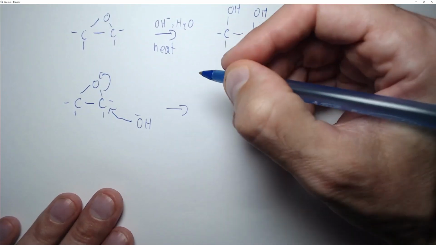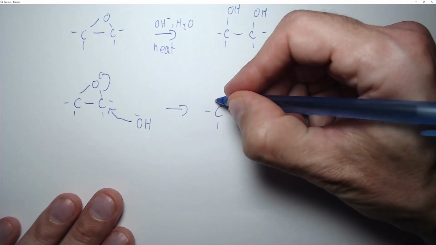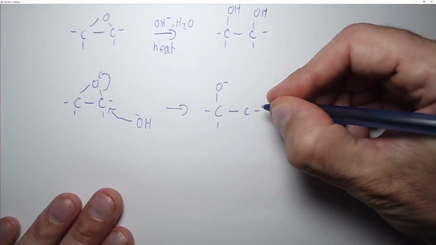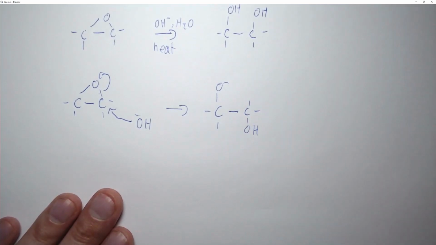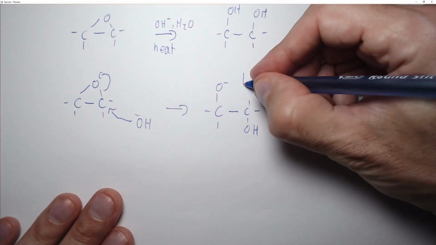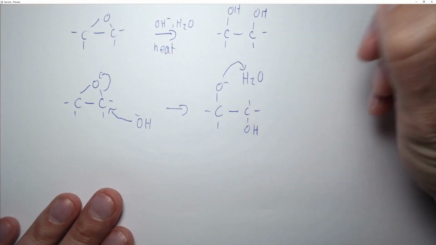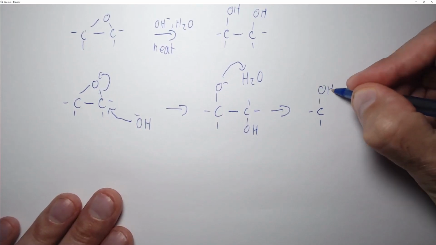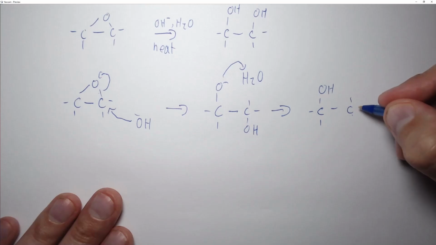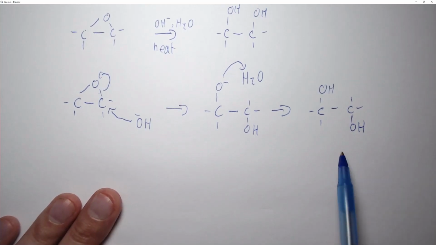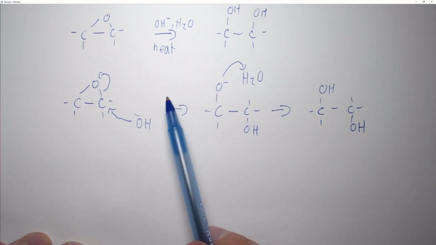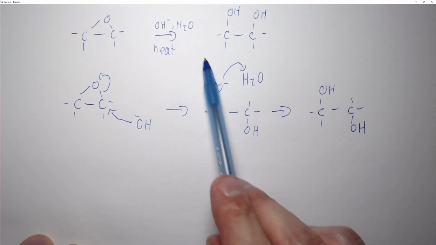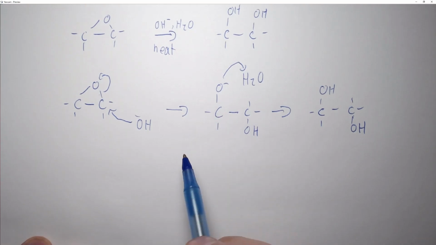What we end up with intermediately is a C with an O minus, because this bond is broken, and a C bonded to two things with an OH. Then we have H2O present. This is a strong base, it grabs that. And we end up with C with an OH bonded to C with an OH. So we end up with the diol in this case. The mechanism for the acid and the base are different, but the end result is exactly the same. They just get there in different ways.